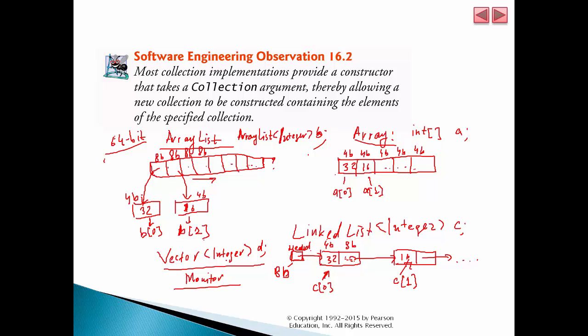It can block the other threads if some thread is doing some operation with this array list, let's say reading some value from it or writing something to it. It can block the other threads from accessing or modifying this particular list while the first thread is doing its job. So it can prevent problems like phantom read and dirty write, the problems of concurrency when you have multiple threads.